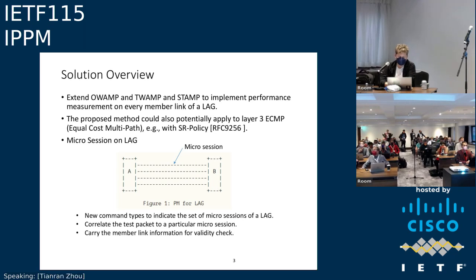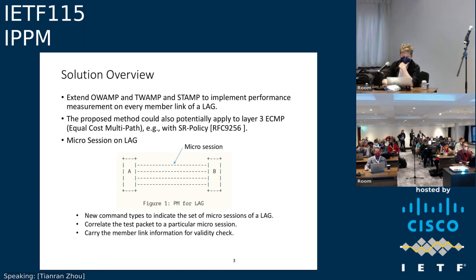To measure the performance metrics of every member link of a LAG, multiple sessions need to be established between the two endpoints that are connected by the LAG. These sessions are called micro sessions, and the micro sessions need to be associated with the corresponding member links. For example, when the reflector receives a test packet, it needs to know from which member link the packet is received and correlate it with a micro session.